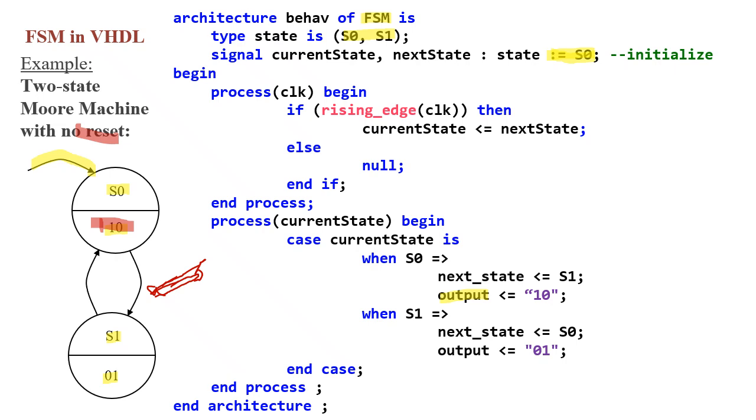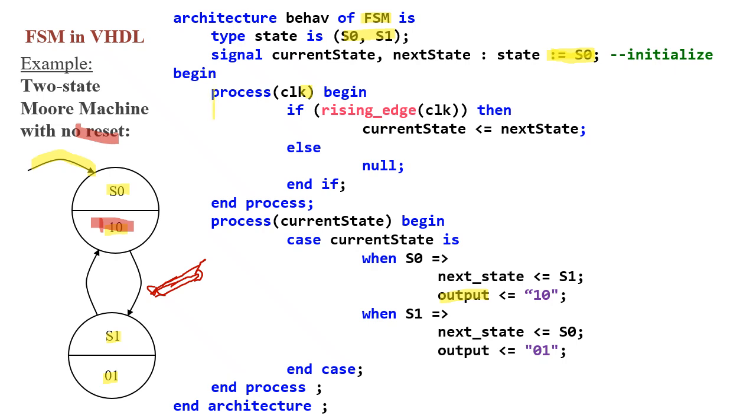Next, we have the clock process, or the sequential process part of the code. If your design has a reset input, this is where the reset input needs to be added first, and then the reset input needs to be checked within this process.